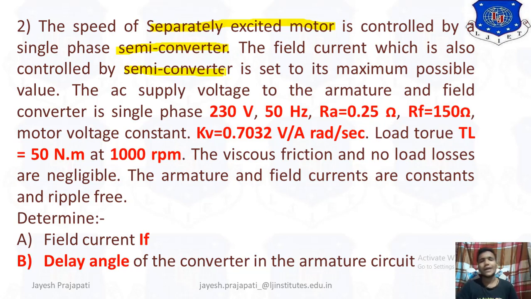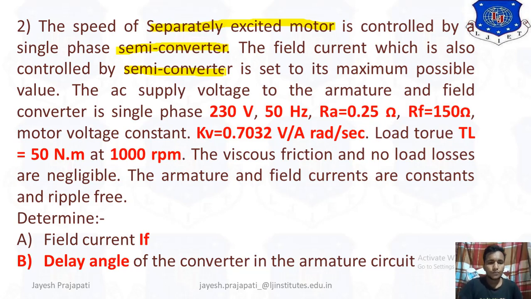So we can say that it is a semi converter DC drive. Actually we study semi converter drives, half converter drives and full converter drives in chapter number 3, DC controlled drives, but the example related to this we discuss here.